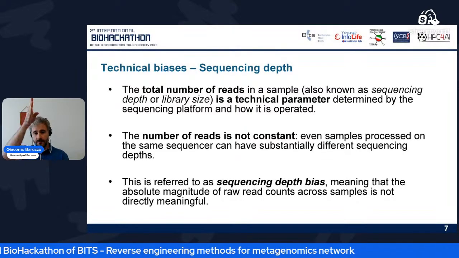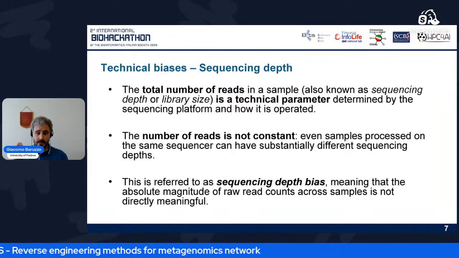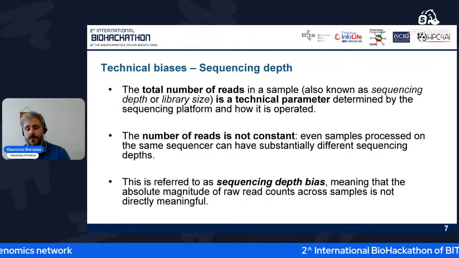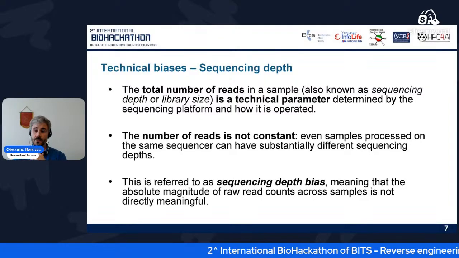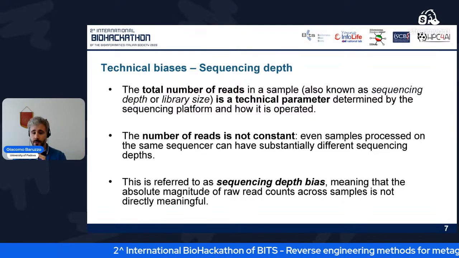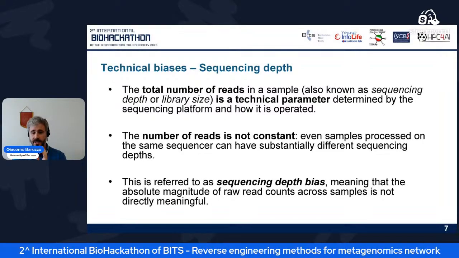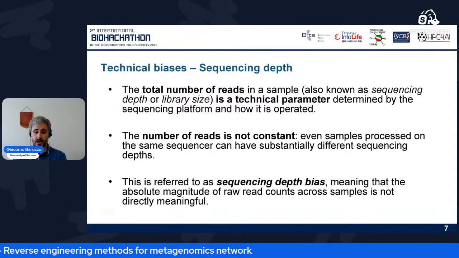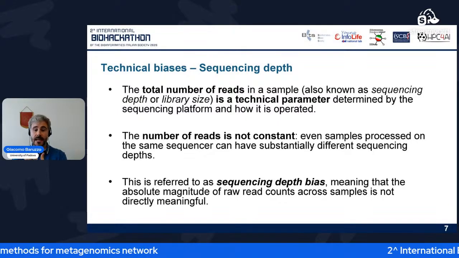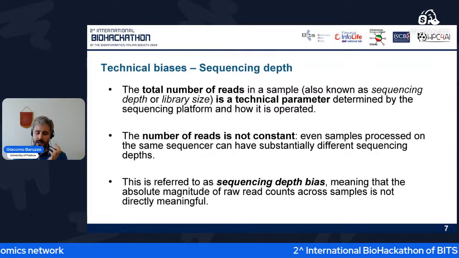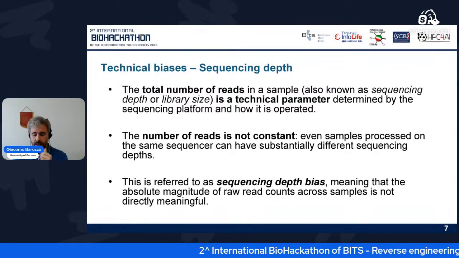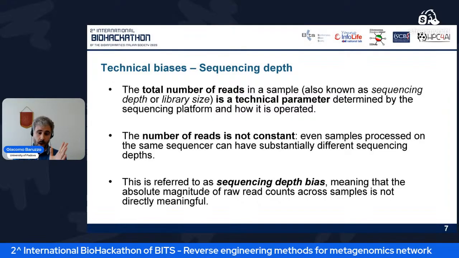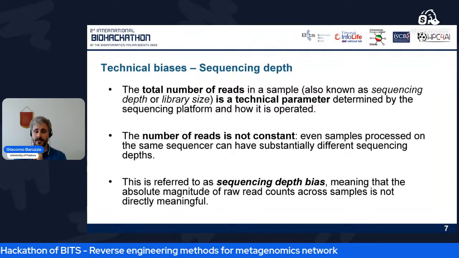So roughly speaking, the sum by column of those matrices is the number of reads that you assign to each sample. The number of reads you can observe in real count matrices is quite variable, so for sure it is not constant. In the worst case scenario, you may have even an order of magnitude between one sample and another. Maybe in one sample you have 1 million reads, in the other you have 10 million reads. Okay, this is quite a large difference, but still you may think about having 2 times or 3 times or even more the number of reads between one sample and another, and this is just technical variability.